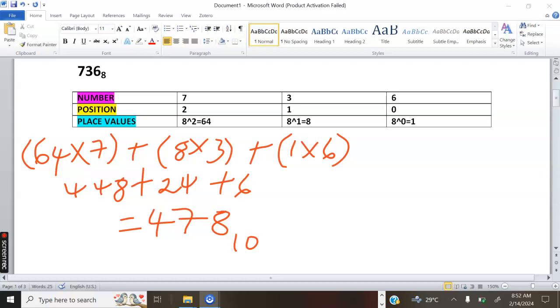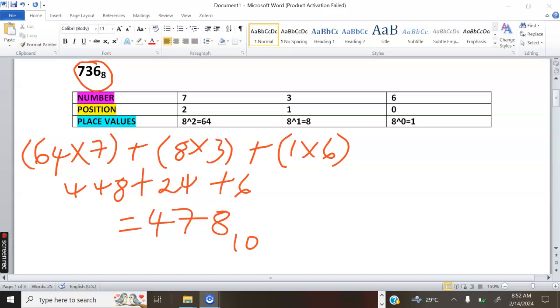So that is our answer. So the octal, which is this one, when you convert it to decimal, will be equivalent to 478. Hope you have been able to understand that.